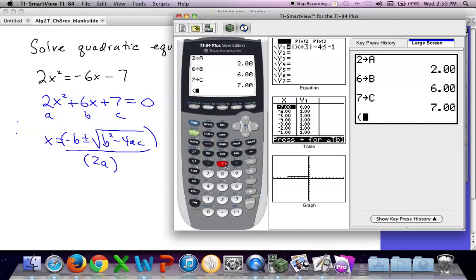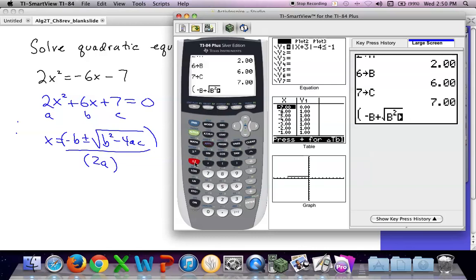Okay, parentheses, negative alpha b plus second square root, alpha b squared minus 4 alpha a alpha c, right? Now, to get out of the square root, right arrow. Right arrow to get out of that. And then do your right parenthesis, which ends the numerator.